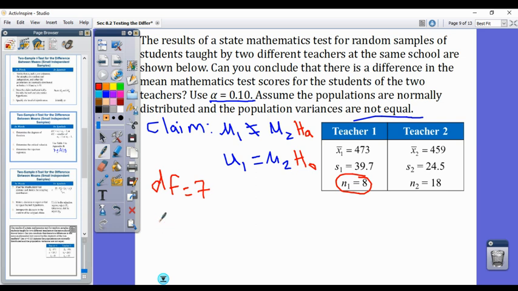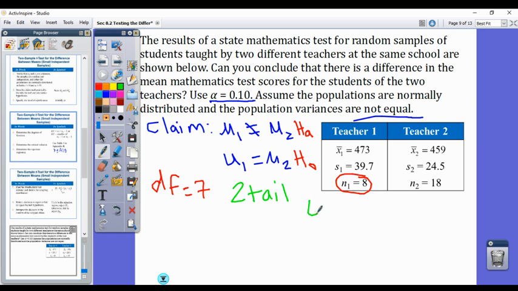And then the other thing to note is we are doing a two-tailed test, and I know that because my null hypothesis is equal to. So since we are doing a two-tailed test and my alpha level is 10%, 0.10, I'm going to look at page A18 and find my T critical value with 7 degrees of freedom.